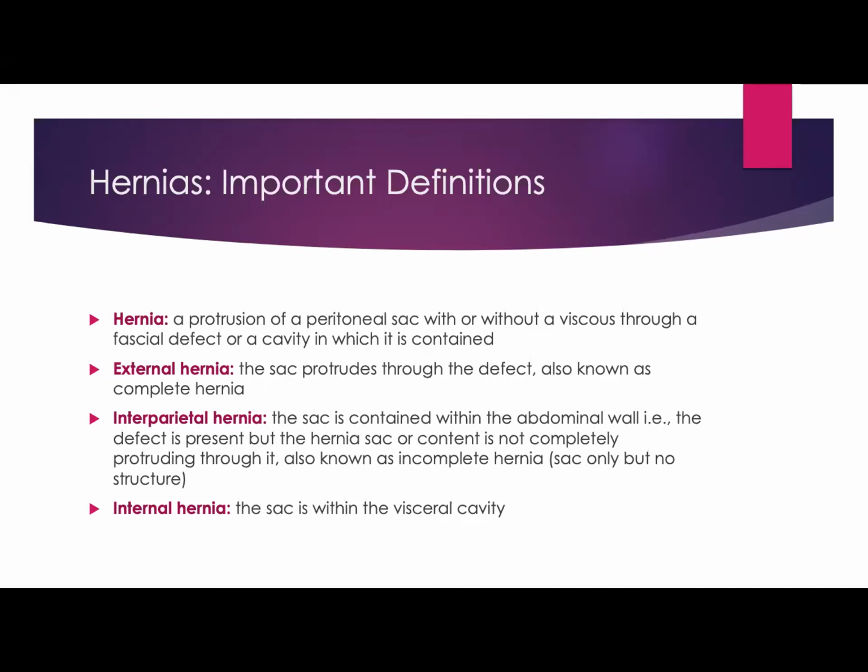So the sac is still in the original cavity or original space before the defect, okay? However, there are certain factors that contribute to that interparietal hernia protruding through the defect. Can you guys think of examples?